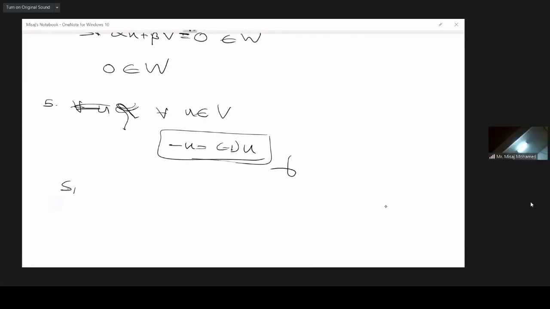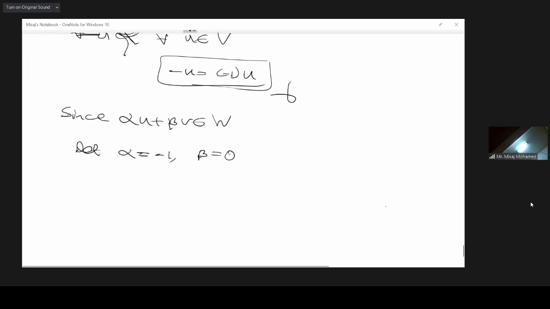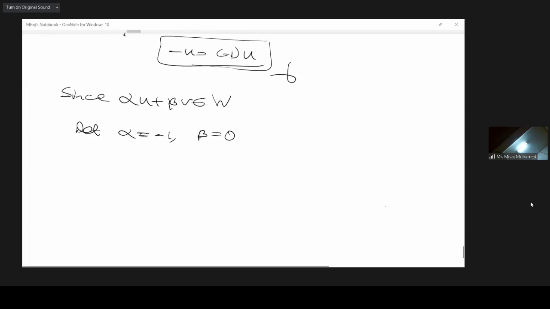Now, since alpha u plus beta v is in W, let alpha be equal to minus 1 and beta be equal to 0. Any scalars I can think of.